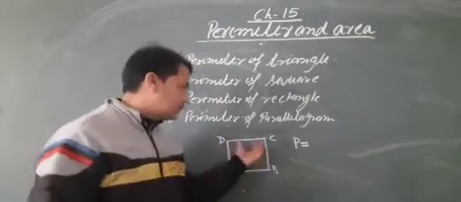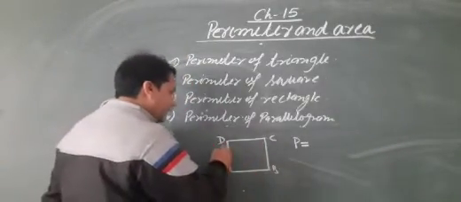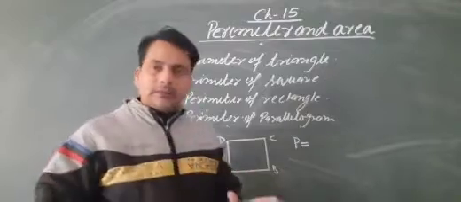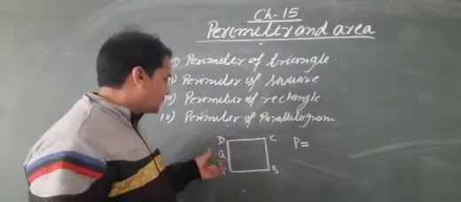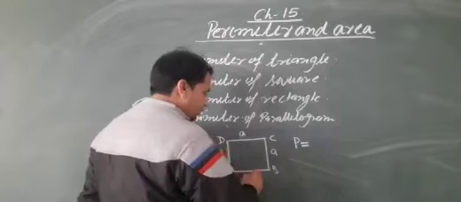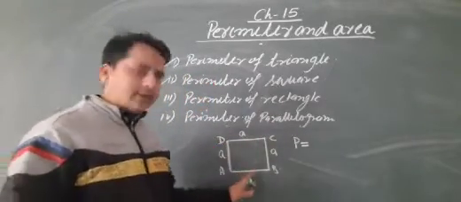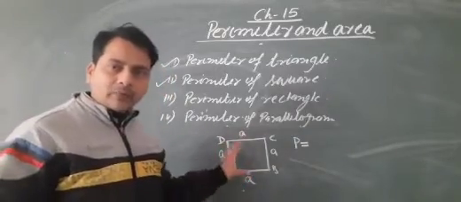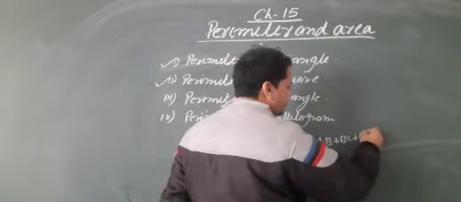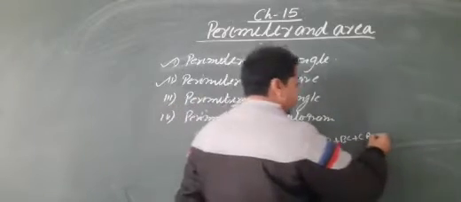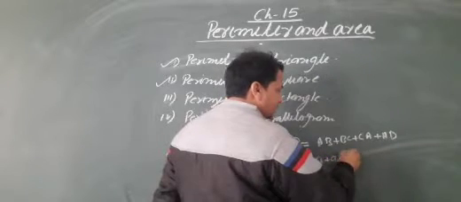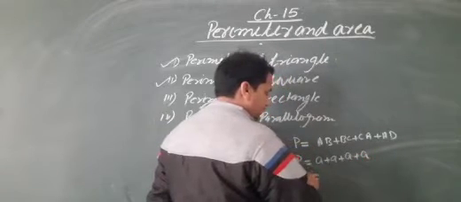Suppose the side of the square is A, then all sides of the square are equal: AD equals DC equals AB. The perimeter of a square is the sum of all sides and it has four sides, so AB plus BC plus CD plus AD, which is A plus A plus A plus A, that is 4A.